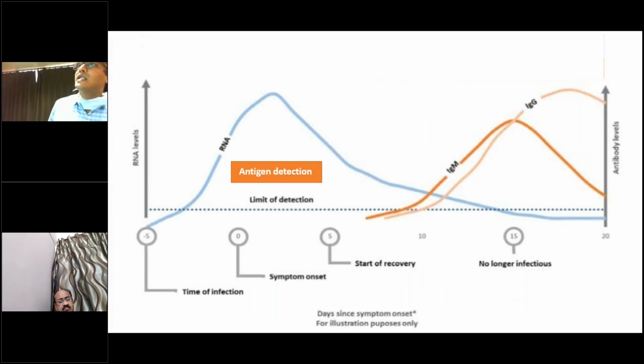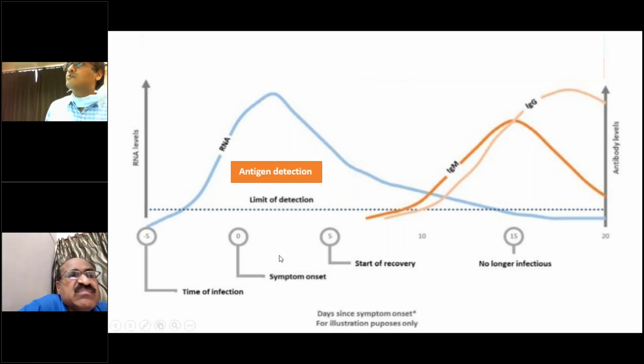Now on this slide you can appreciate that the maximum virus shedding is in the early symptomatic phase, and it may be before the appearance of symptoms, which is called the pre-symptomatic phase. Virus shedding is maximum from 2 to 3 days before the appearance of symptoms to 5 to 6 days after, and this is the best time to diagnose the disease with the help of molecular tests as well as the antigen test.